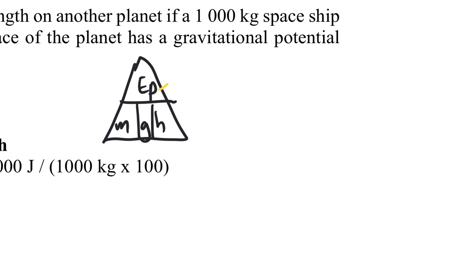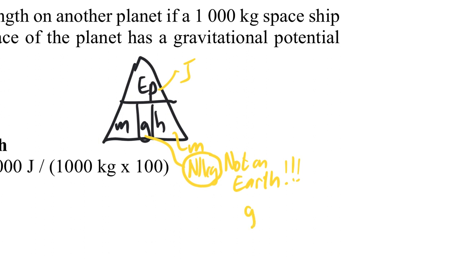Right, so this is joules, this is meters. Okay, this is newtons per kilogram, but now we must be careful. We are not on Earth. So g does not equal 9,8 newtons per kilogram. We're going to have to find it, and the mass will be in kilograms. So we are looking for g.